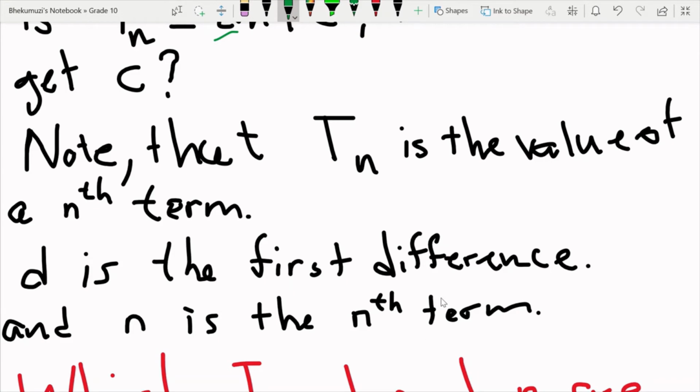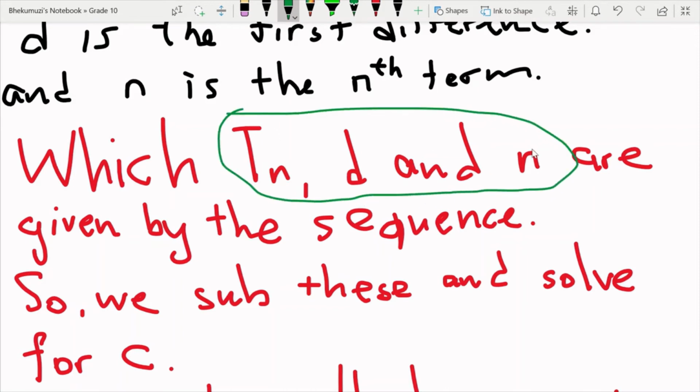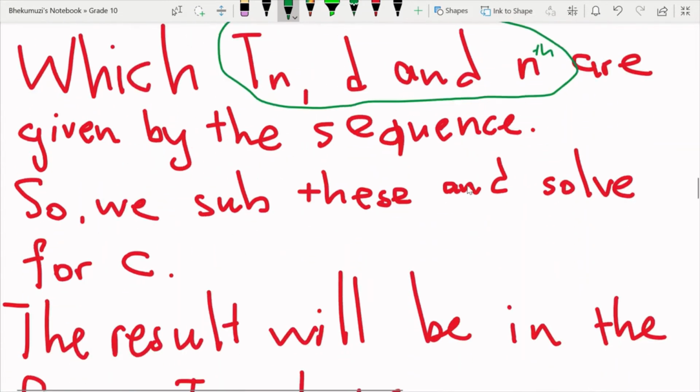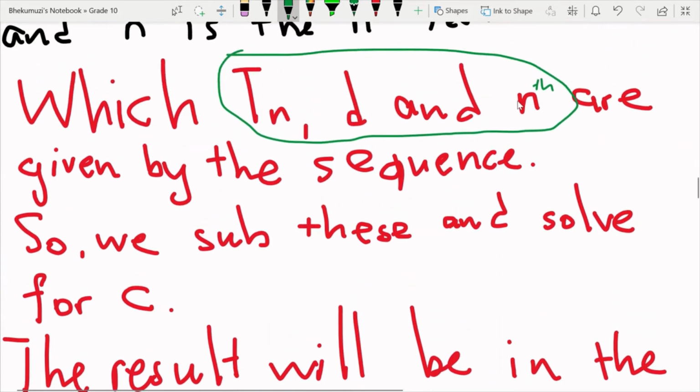So Tn, d and n are given. When you know all three of these, especially once you know the first difference, the only thing you need to do is substitute the values of these three things, and then solve for c.